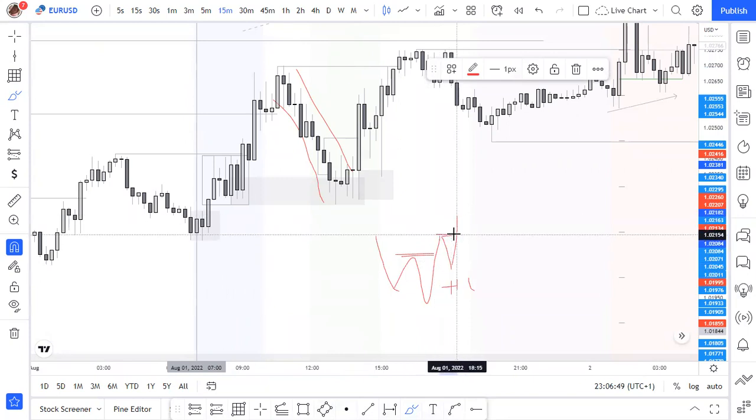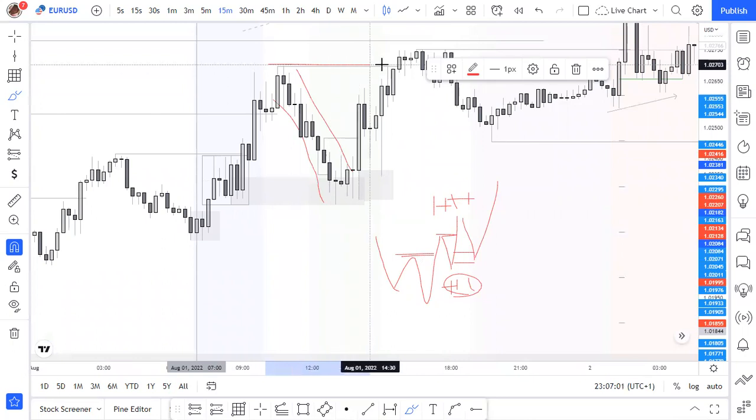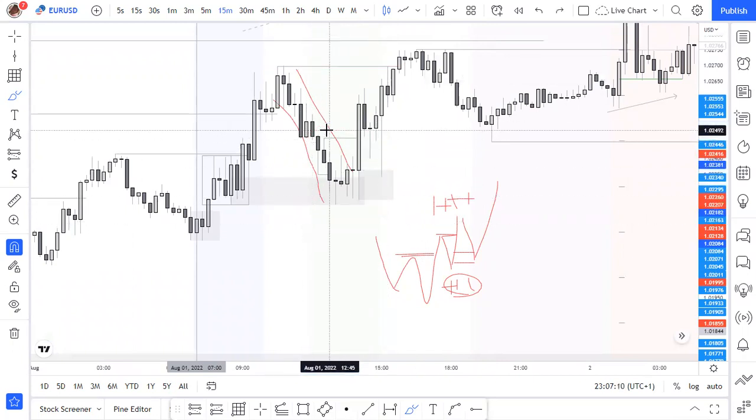That higher low will only be confirmed if I get a higher high somewhere here. I'll then look to take the trade on the 1 minute and target this 15-minute high. That was how I planned the trade on Monday.